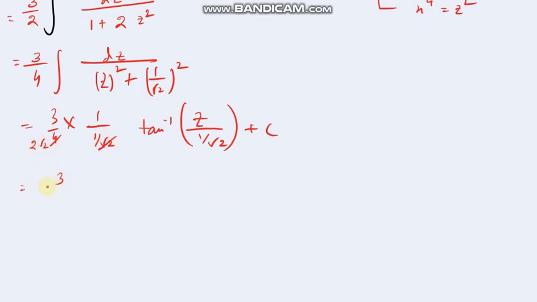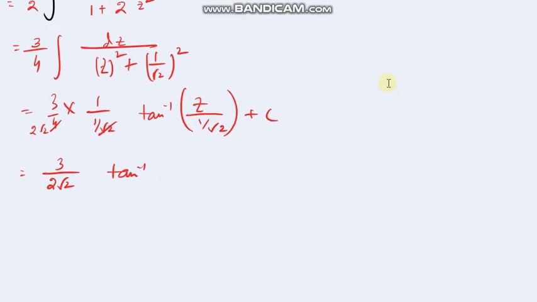So it will be 3 divided by 2 root 2, tan inverse, and z is my x square, so this will be root 2 x square plus c. So just try to solve this exercise, it is very easy. If you know substitution properly, you can do this exercise really well.